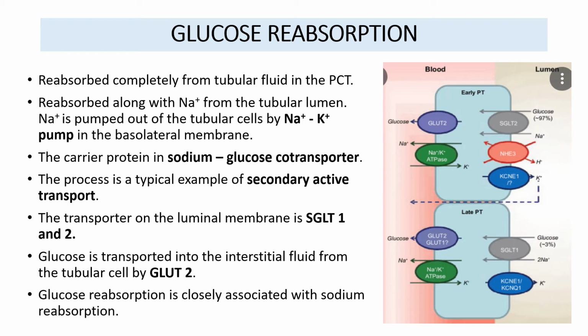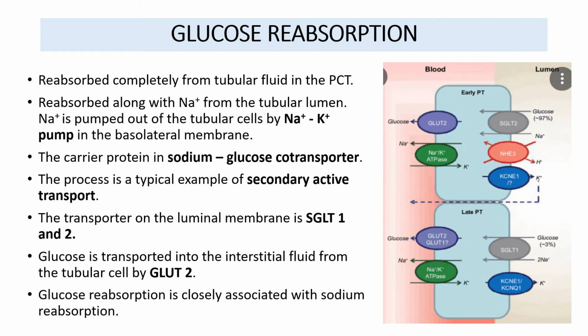This creates a sodium deficient area, or decreased concentration of sodium, in the tubular cells. Decreased concentration of sodium helps in absorption of sodium, and along with the sodium, glucose is also being transported.